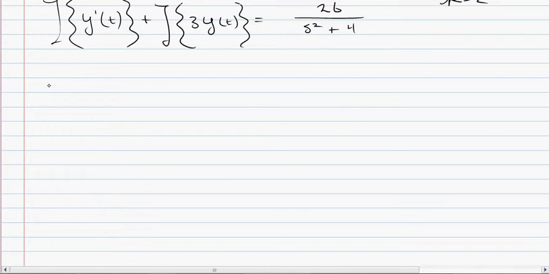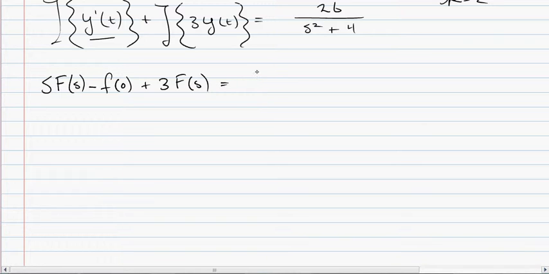And then over here we have the Laplace transform of the first derivative. So that's going to be s F of s. Since we don't know what this function is, that's what we're trying to find out, y of t. Right now it's an unknown. We've just got s F of s minus f of 0, and then plus 3 F of s.